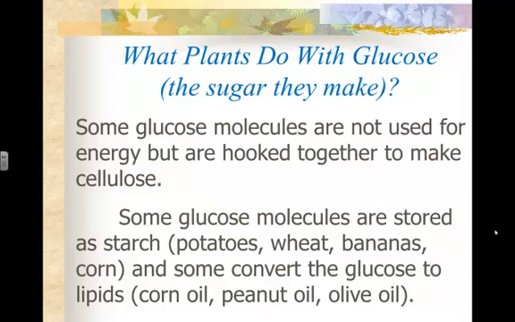But some are hooked to make cellulose, and this is the good part for us, some are stored as starch or oil or lipids. And that's what we're eating, like potatoes, wheat, bananas, corn. They have a lot of glucose in them. And of course, whenever you use the oils or when you eat a food that has oil in it.